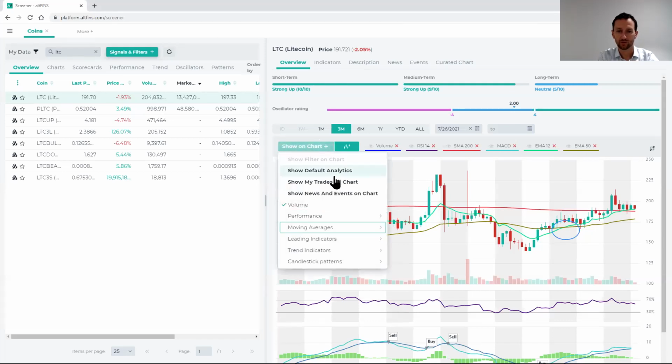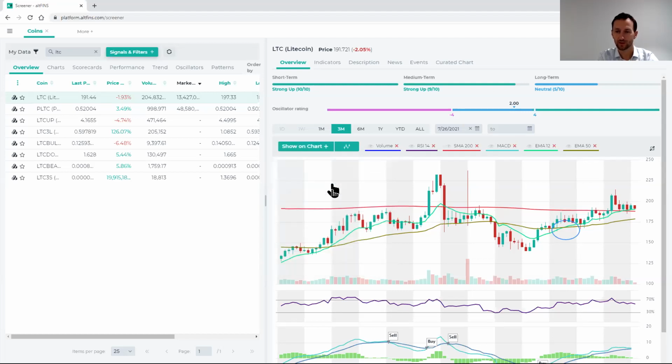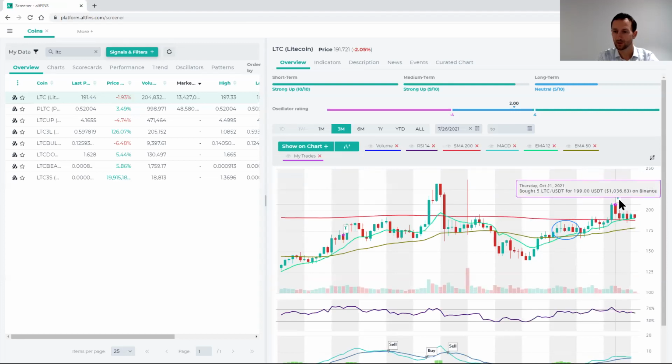I think I demonstrated this last time: if you connect your exchange account, you'll be able to show your trades in the chart. So here we are. We bought 5 Litecoin units at about $200, and now it's 191 or so. So we're losing about 5% on that trade so far, but we're sticking with it.